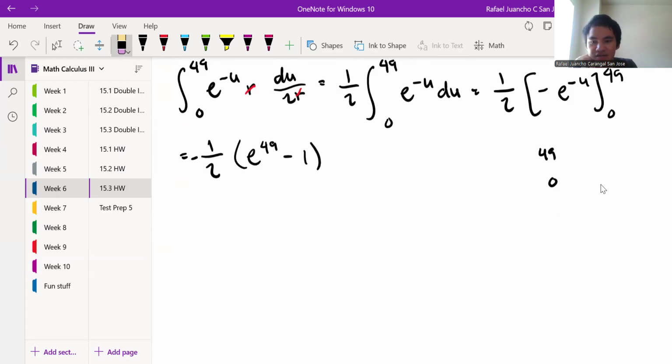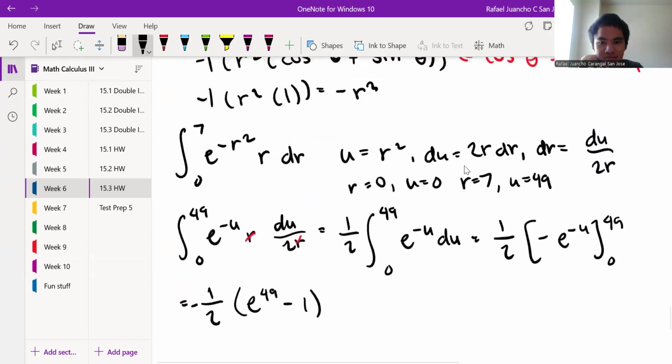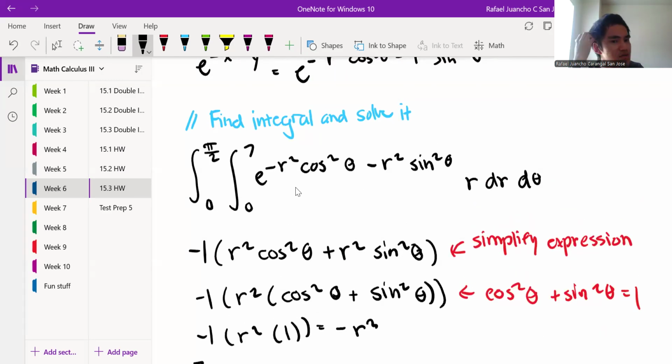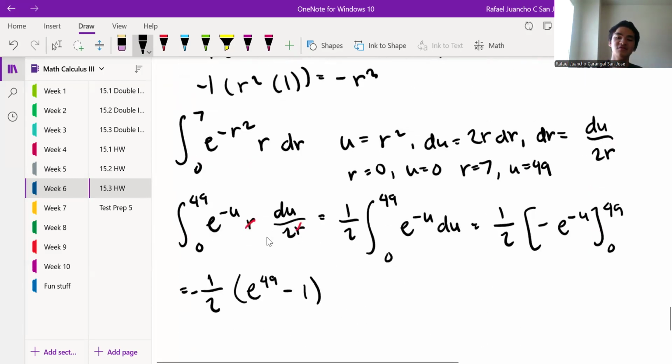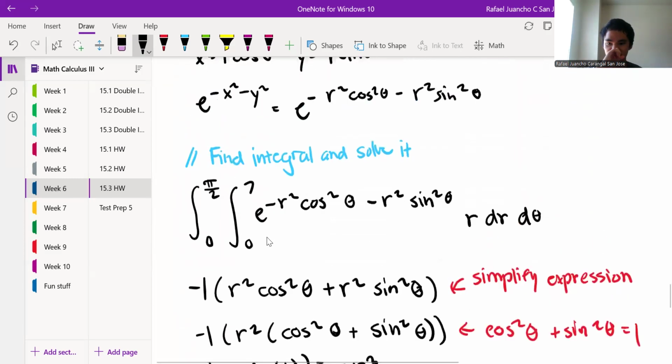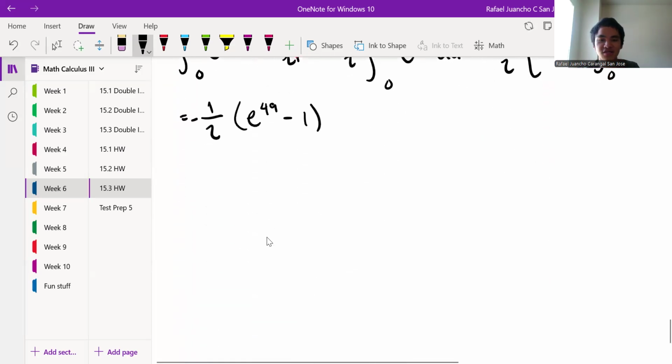There we go. Cool. And then from there, now what do I do? Oh, no, I need to do the theta. But for the theta, it's not really an issue anymore, or at least I think it isn't. So I have to integrate this whole thing.